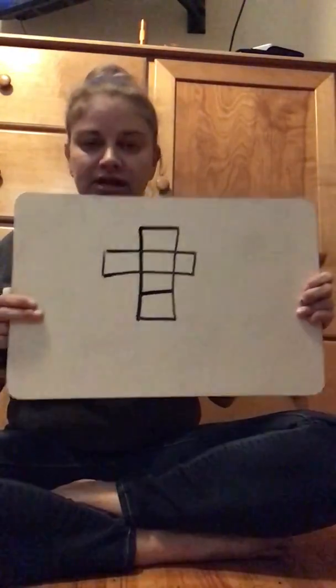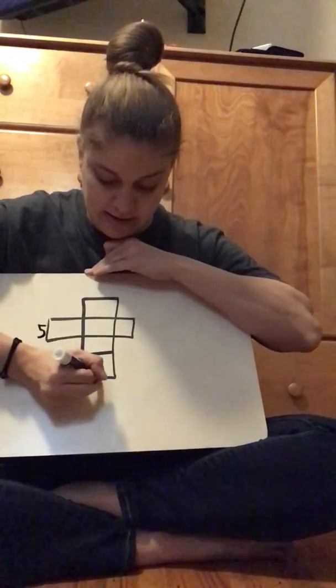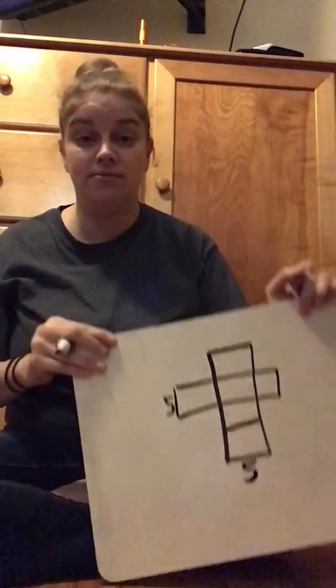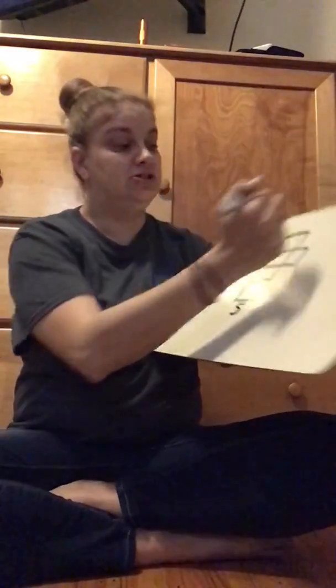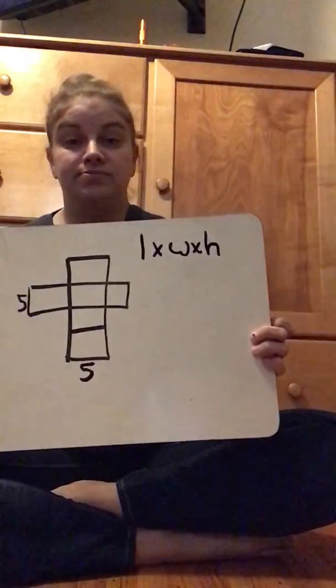So if I were to take a cube and make a net, this is what the net would look like. Something like that. It's not perfect. And based on this, each one is 5. Every side length is 5. So if I were to find the volume of this cube, I would do length times width times height.